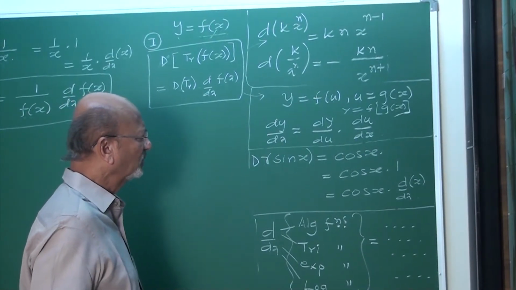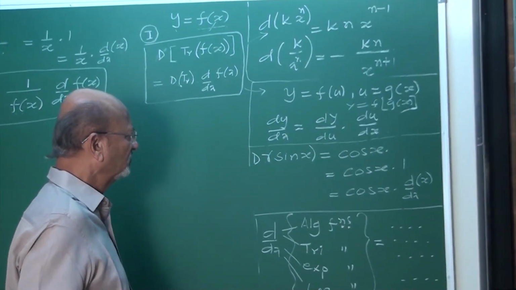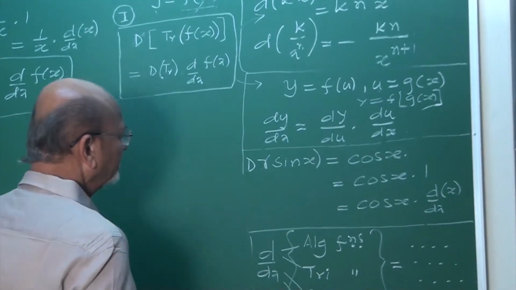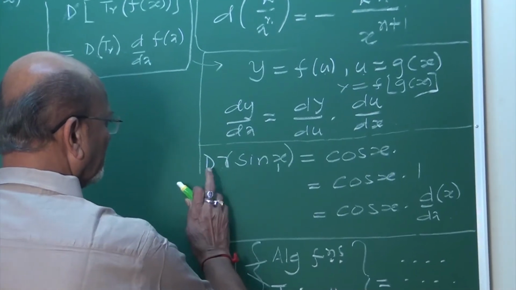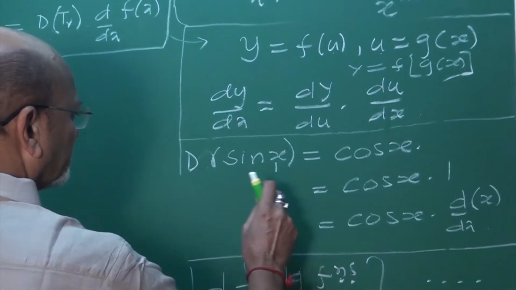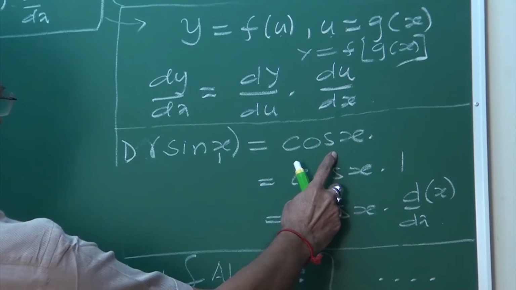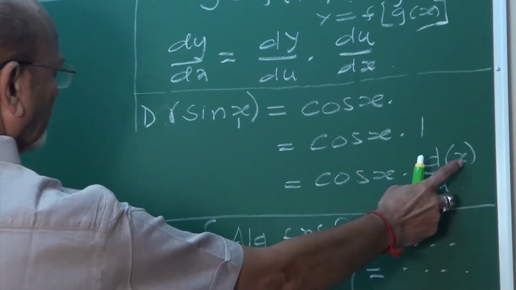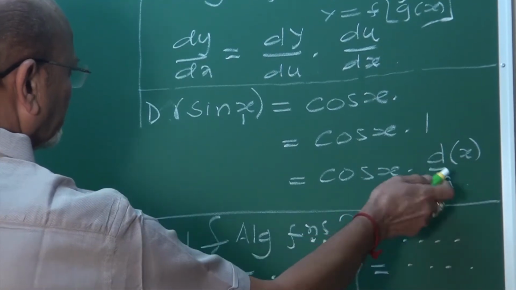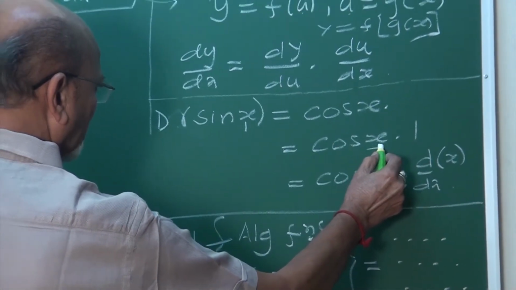Making use of this, I have done examples. First type: the derivative of any trigonometric function if the angle is other than x. The derivative of sin x is cos x, which we can write as cos x into 1, where 1 is the derivative of x with respect to x. What is this x, my friends? The angle.